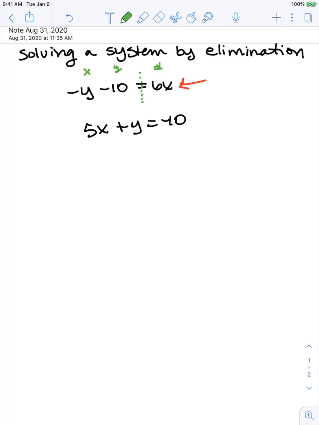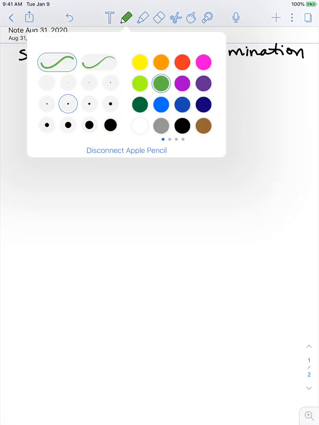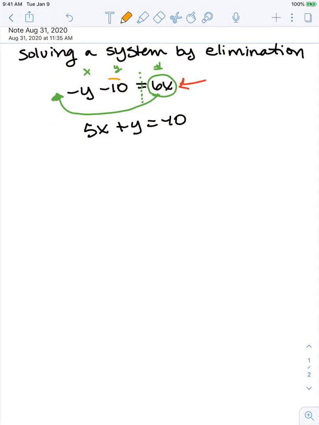So I'm going to move this x term over here in front of the y term because I want it to be xy. So that's going to go there, and then I'm going to erase this just number term over here.